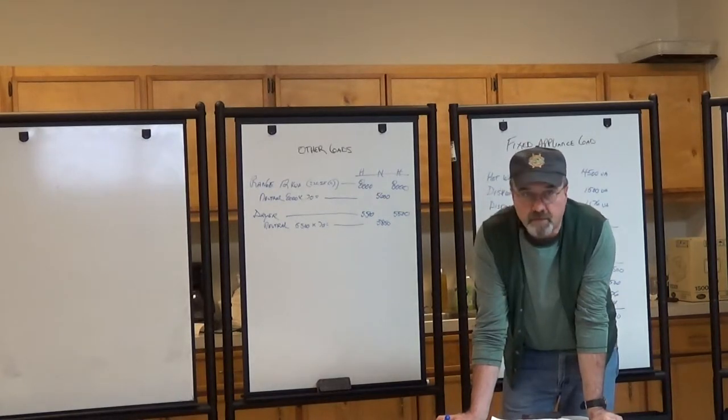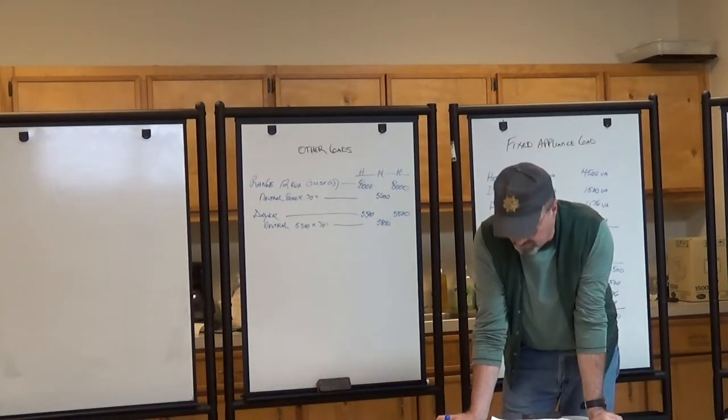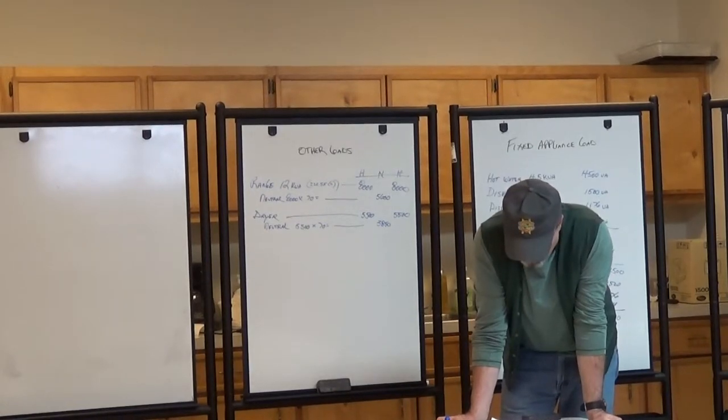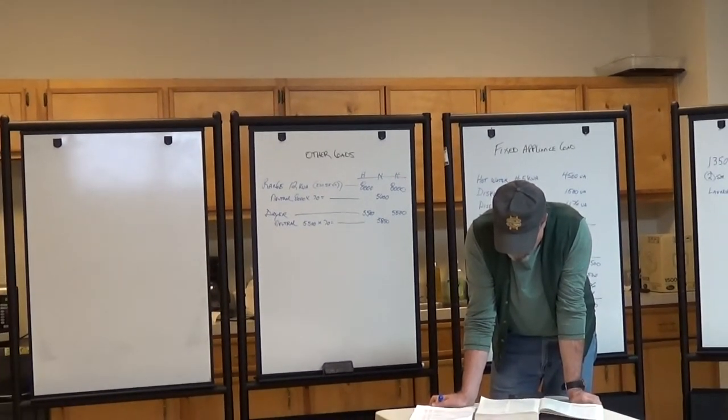On the bottom of the page, 220.60. Robert, can you read that? Yes. Noncoincident loads. Where it is unlikely that two or more noncoincident loads will be in use simultaneously, it shall be permissible to use only the largest load or loads that will be used at one time for calculating the total load of a feeder or service.